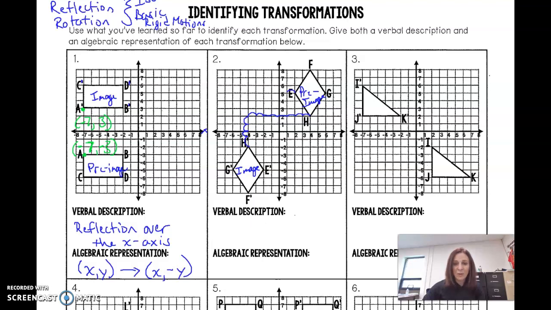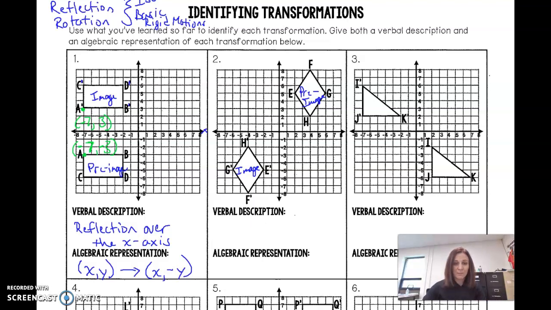But if I took E here and went 8 left, 4 down, I'm not at E prime. So it's not a translation. Not a reflection. You kind of visualize it. I guess it could actually be 2 reflections, but we're not into what's called sequencing of reflections. We just want 1 transformation now.